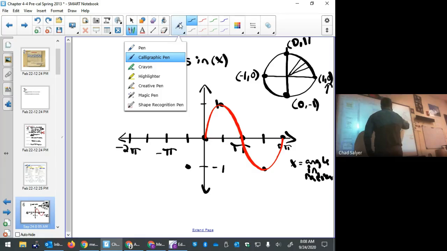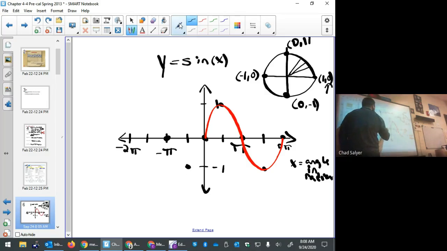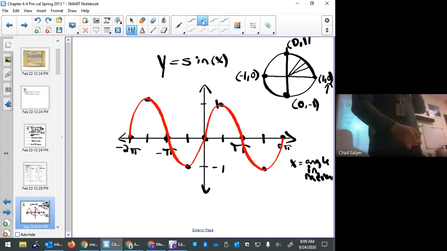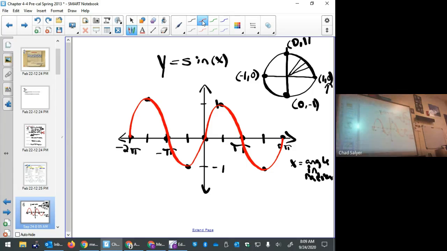And then negative pi, you're at 0. -3 pi over 2, I'm back to here. And so that's +1. And then -2 pi, right back where we started at 0. Once again, let's connect those points with a smooth curve. So if you remember the unit circle, there's no excuse not to be able to graph the sine function.